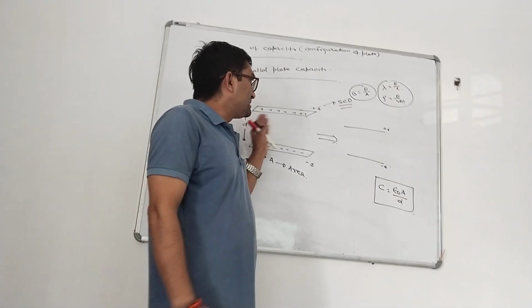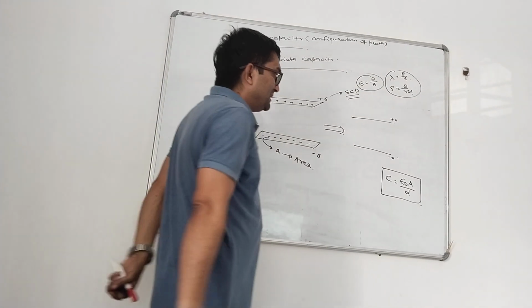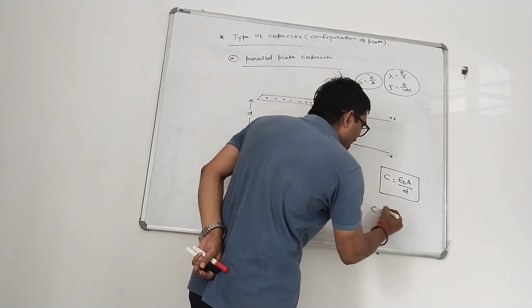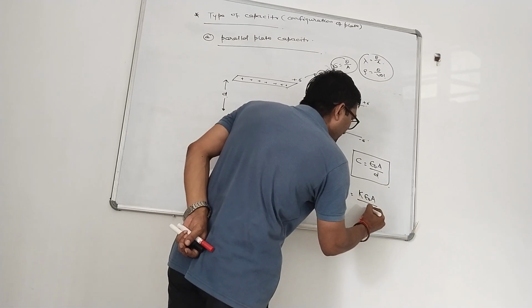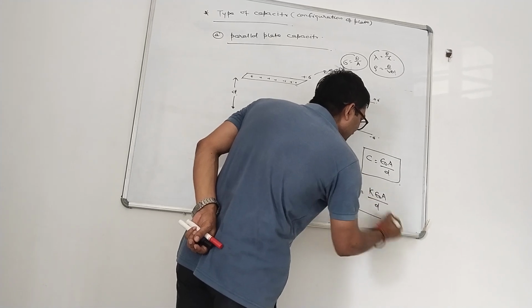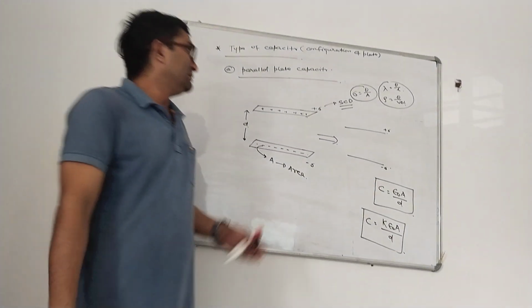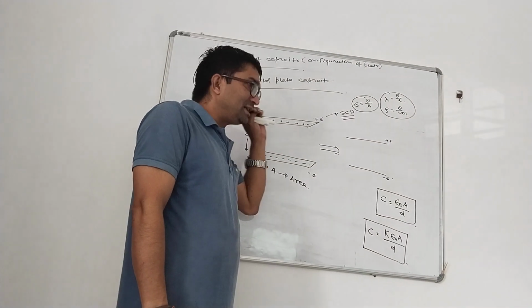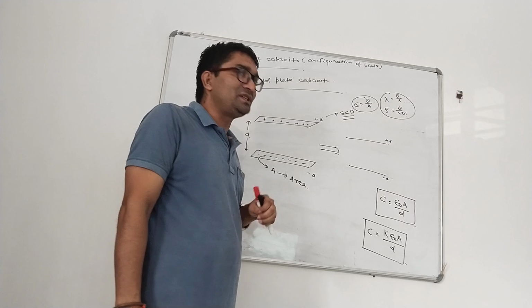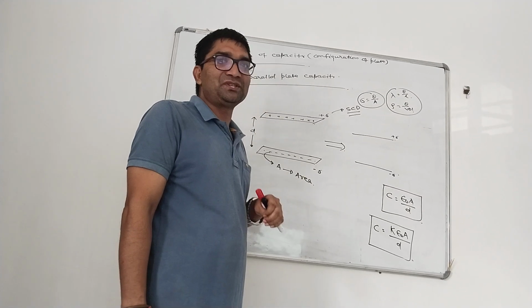Now when you insert a dielectric between these two plates, it becomes C equal to K epsilon naught A upon d. Different types of dielectric can be inserted between the capacitor. If I use water, it becomes a water capacitor. If I use air, it becomes an air capacitor.